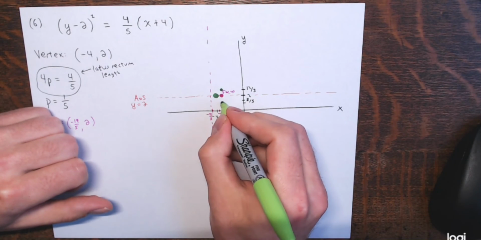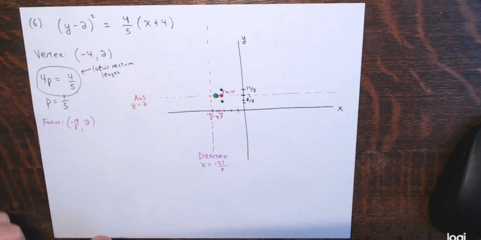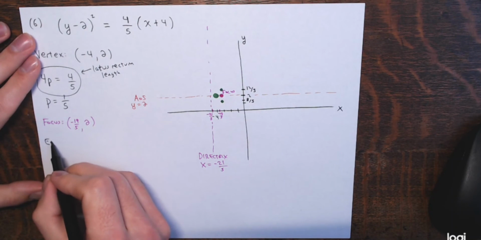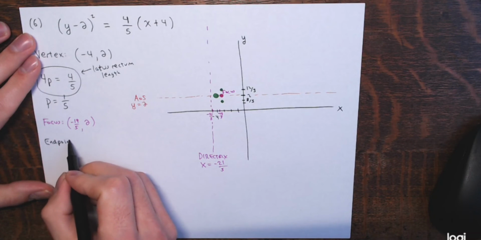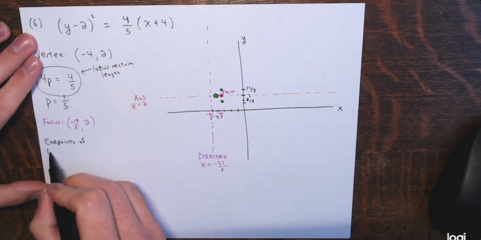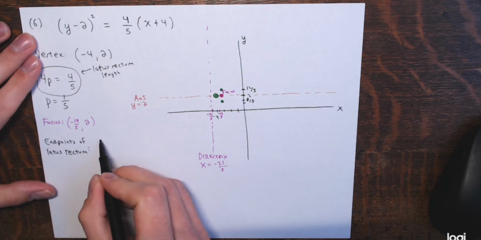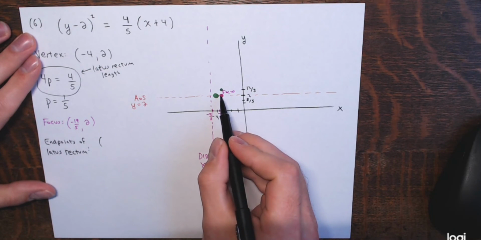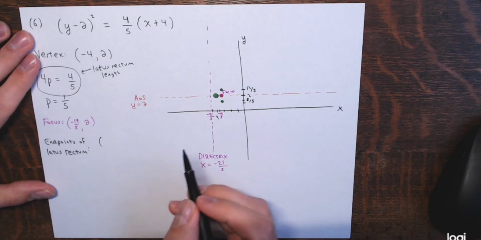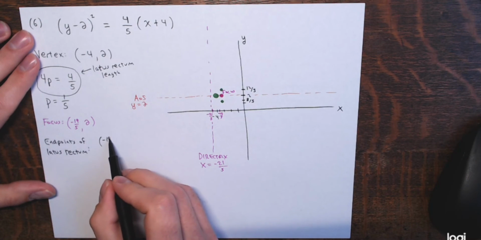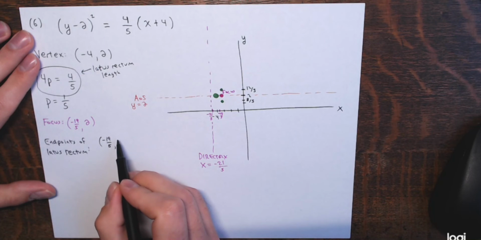Sorry about the sketch, maybe I will go to Desmos for this one to verify things. Let me put here the end points of the latus rectum. One of them is going to be 2/5 above the focus, so negative 19/5, comma 12/5.